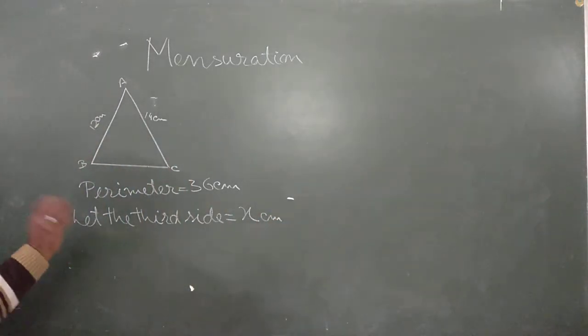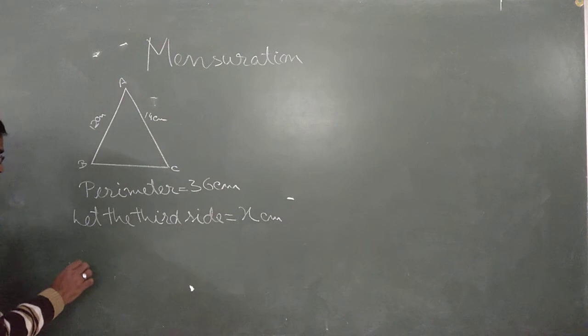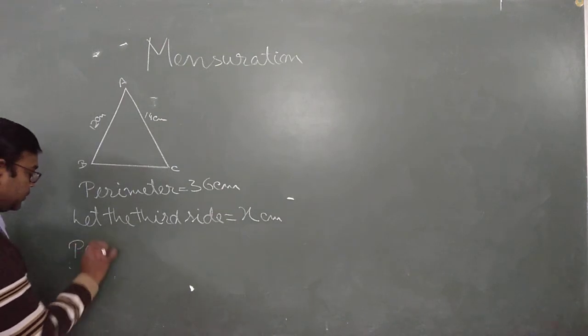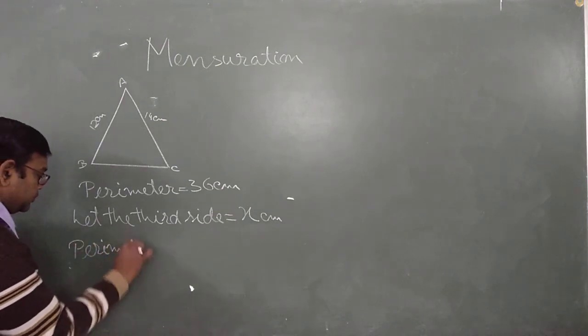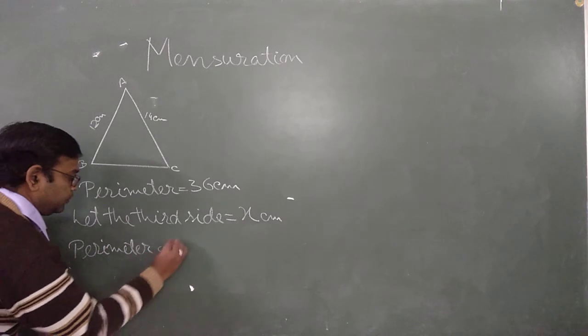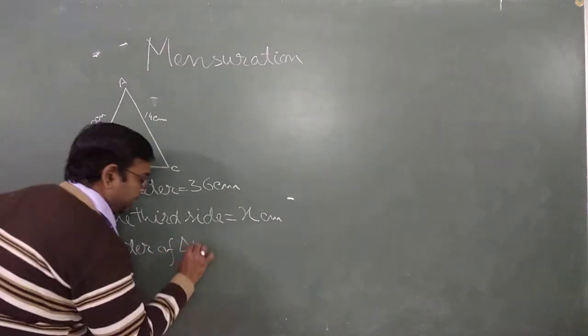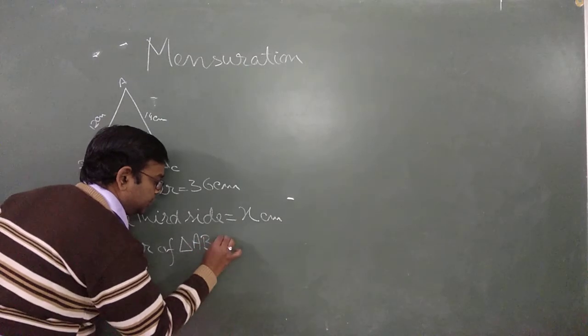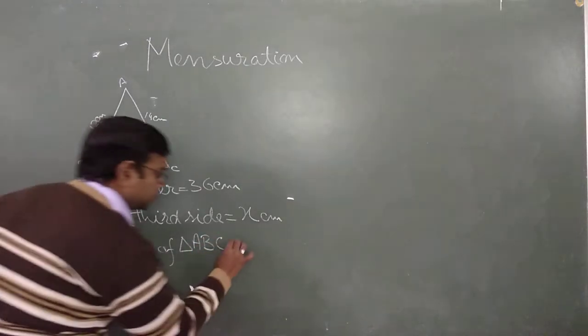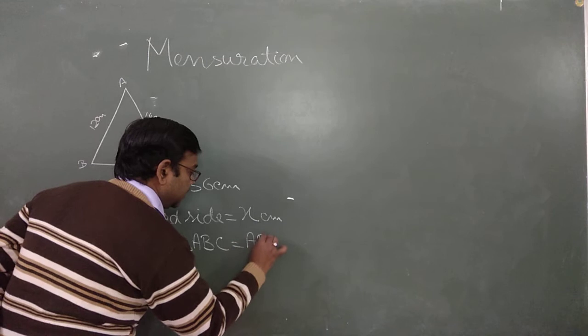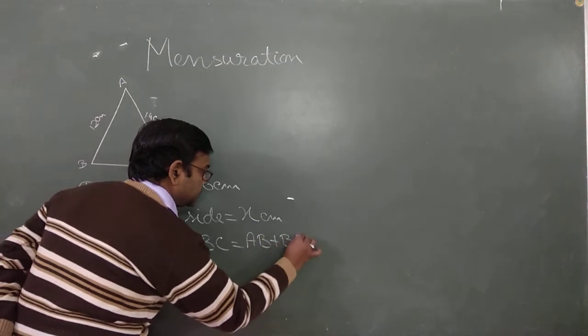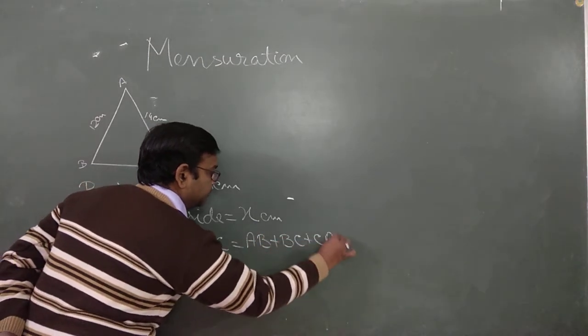Now, as we know from the formula, perimeter of triangle, this is the symbol of triangle, then write down the name of the triangle ABC, equals the sum of all the sides, AB plus BC plus CA.